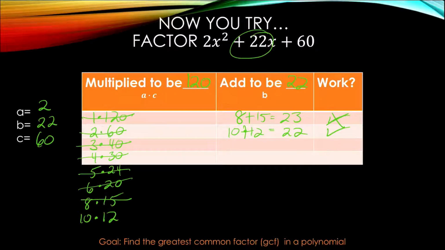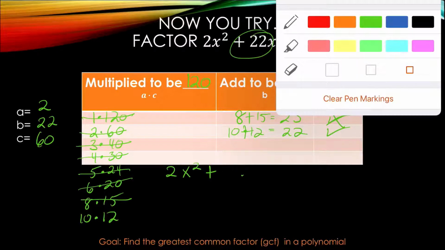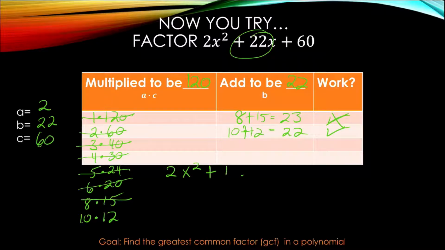That's the one I want. Okay, so now I can rewrite this. I can say 2x squared plus, oh, we're not going to write 22x. We want to put our new things, 10x plus 12x plus 60.